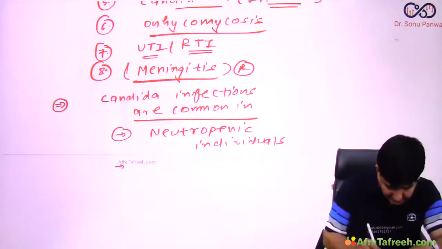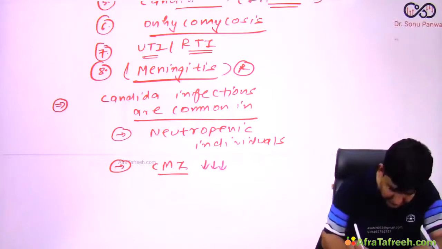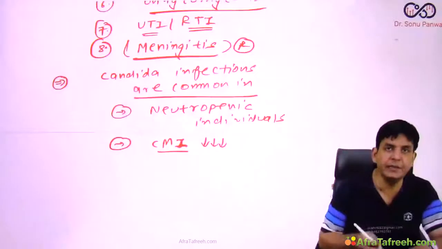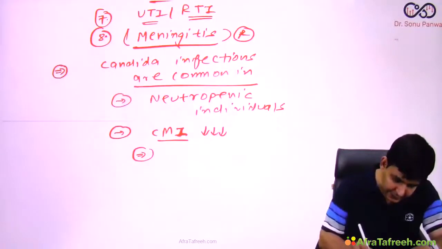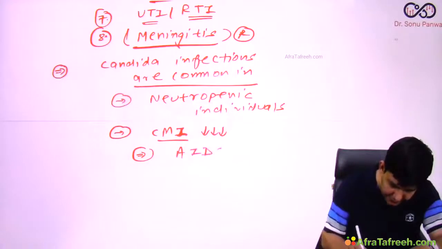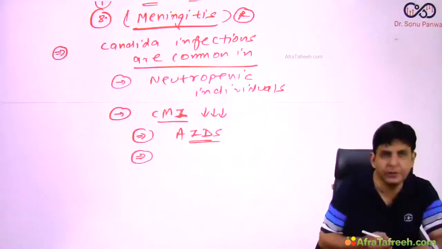Okay, in all those conditions in which CMI is decreased or hampered. What is CMI? Cell mediated immunity. Like in the advanced case of HIV positivity, AIDS, where the CD4 count starts falling off.